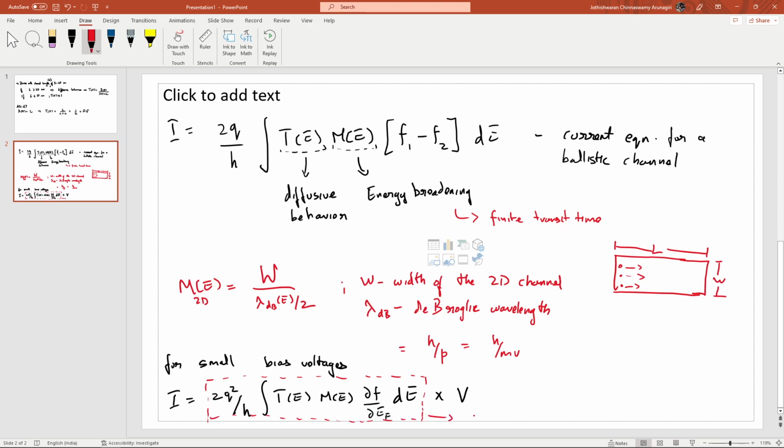So this is the conductance, and therefore the current is the conductance times the applied voltage bias. This is for small bias voltages V.